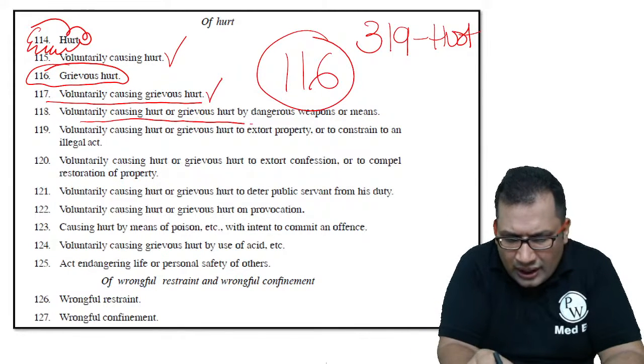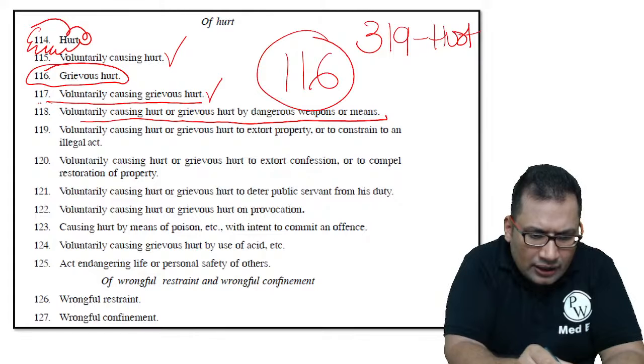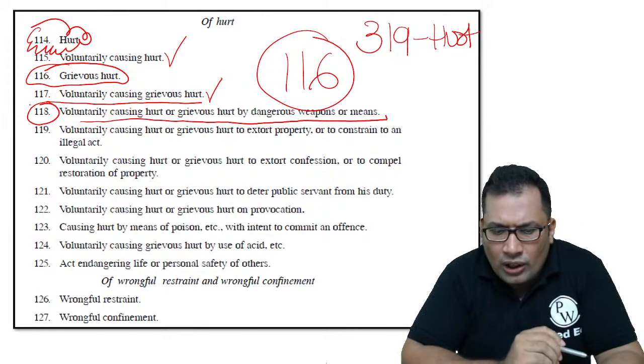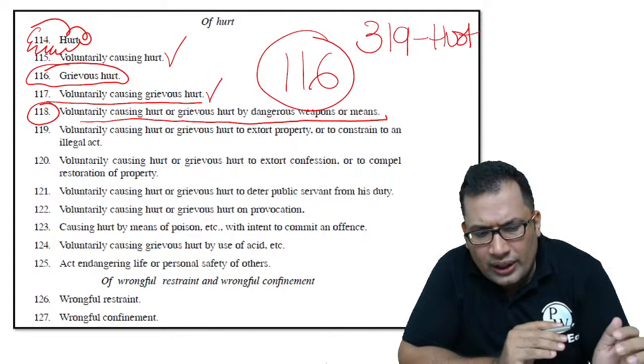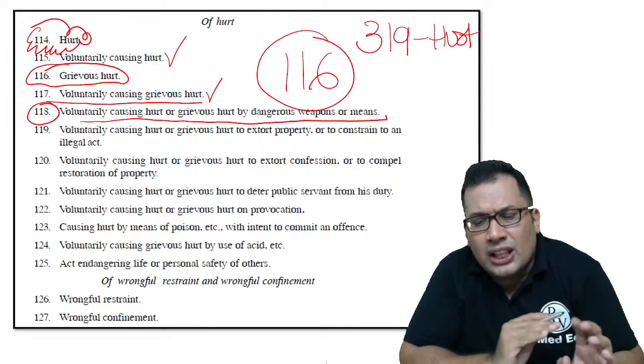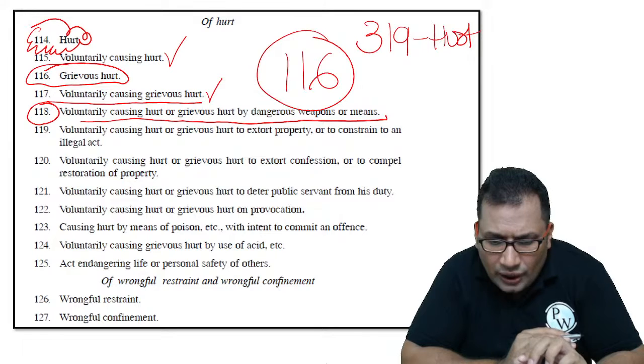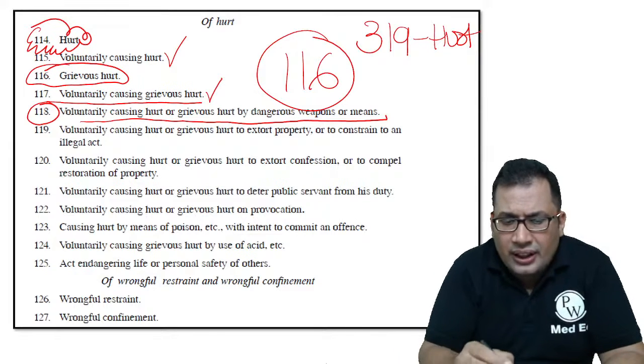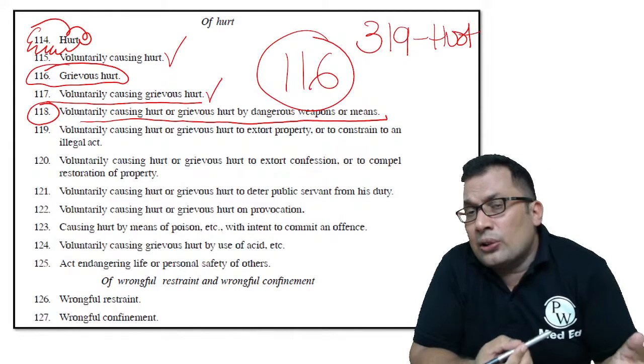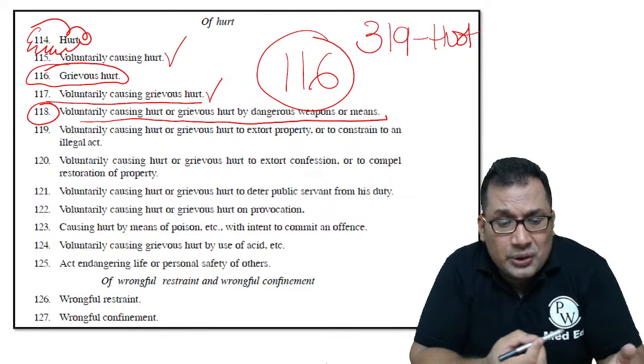Voluntarily causing hurt or grievous hurt by dangerous weapon comes under 118, under a single section. Previously we used to study 323 and also 326. Now it is 118.